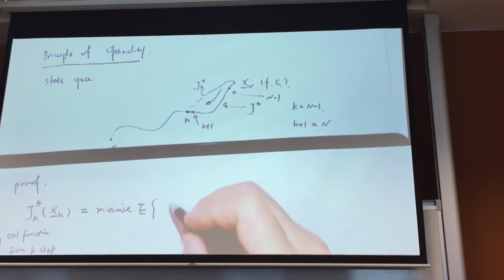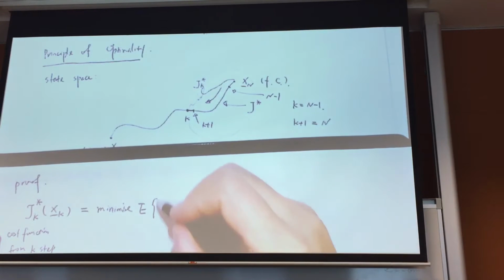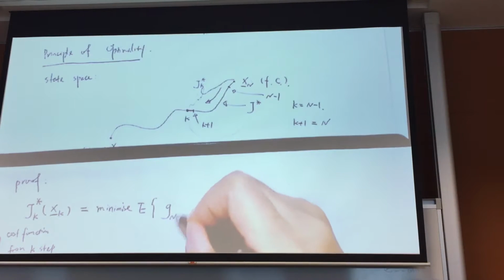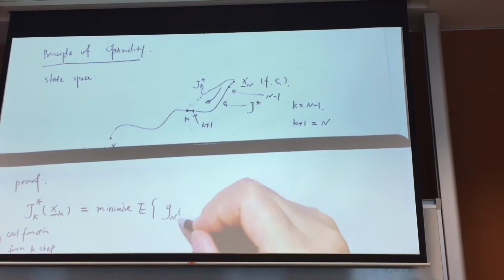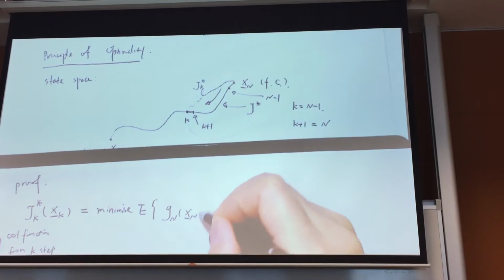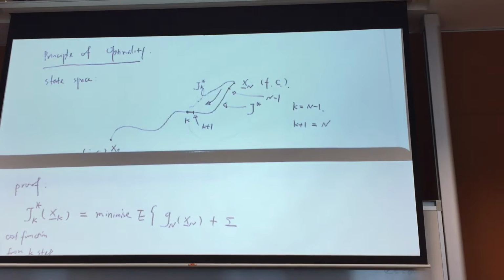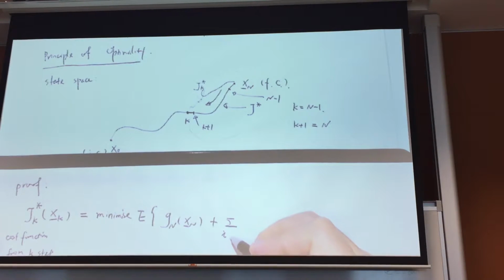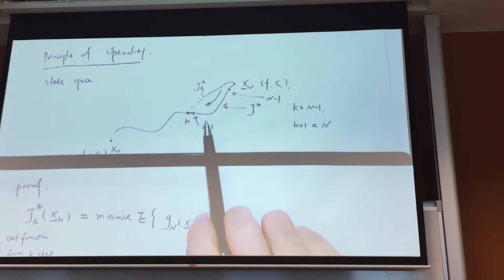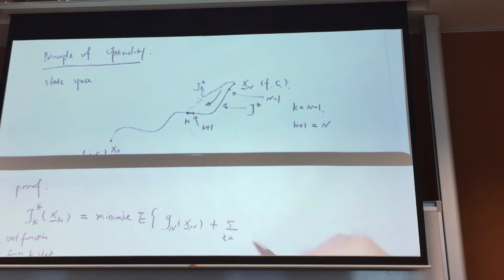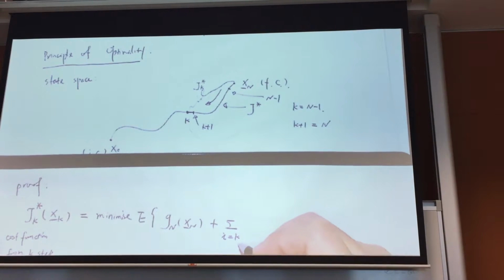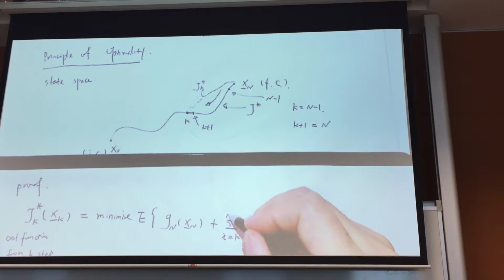so this one is just a copy from the problem formulation. So the final state, g_N of x_N, and plus. So originally we had i starting from 0, but now because we are starting from the state of k, this one should be from the state of k to N minus 1.